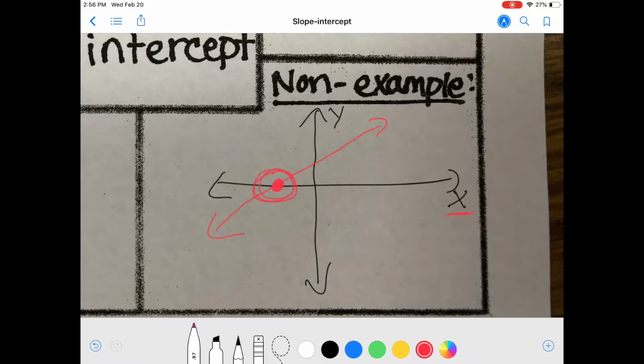This red point would not be an example of a y-intercept. This would actually be an x-intercept. So remember to circle, underline, whatever you need to do, that this is not an example because this dot is on the x-axis.